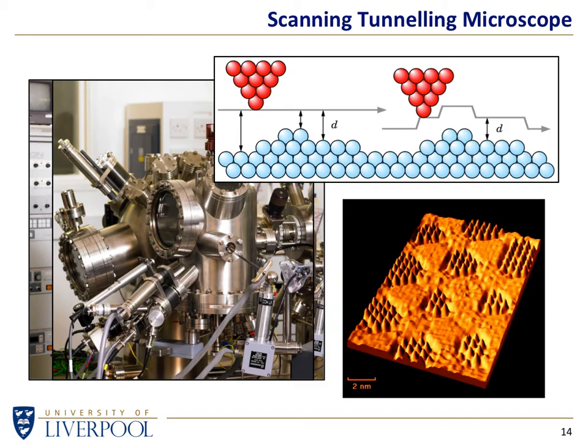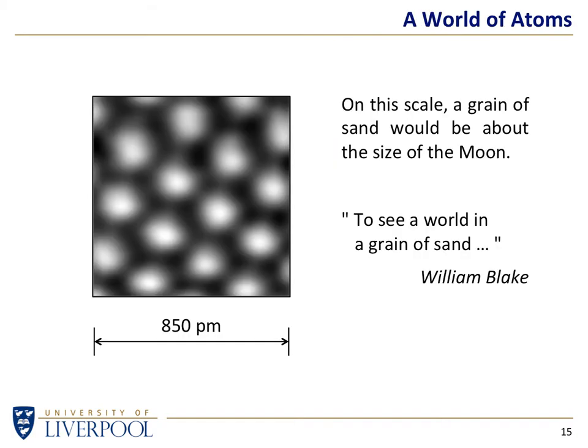This is the surface of rust. You can tell it's rust from the color, and the individual atoms of iron and oxygen can be resolved. You see the scale down here of 2 nanometers. This is possibly one of the highest resolution images you can get.